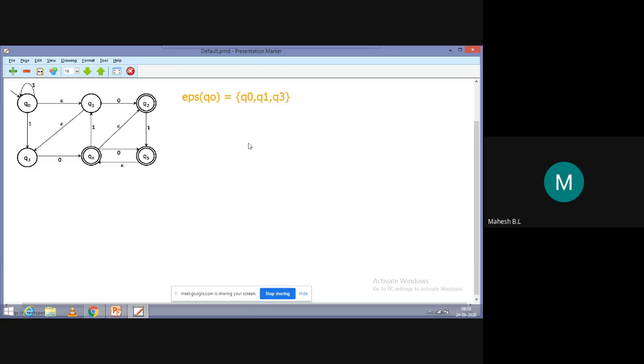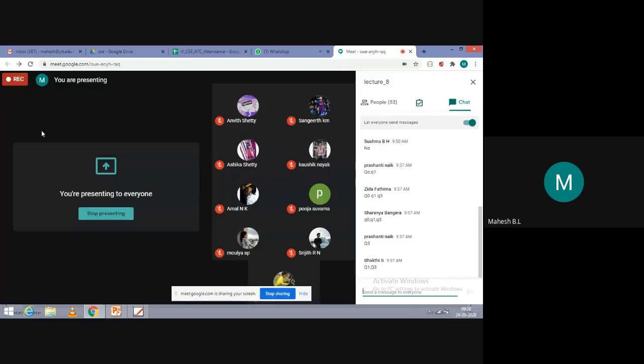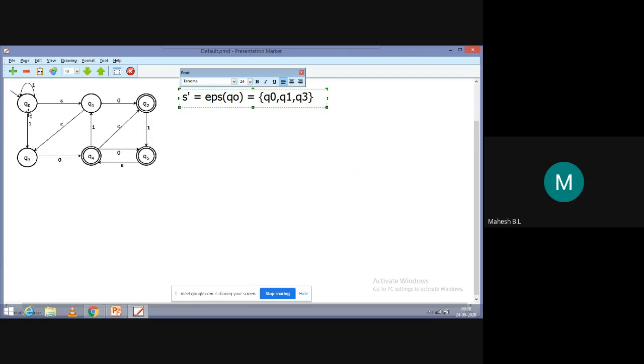So this is the first step in converting NDFSM to DFSM. This is called S dash. You know that S is equal to Q naught, which is the starting state of the NDFSM.